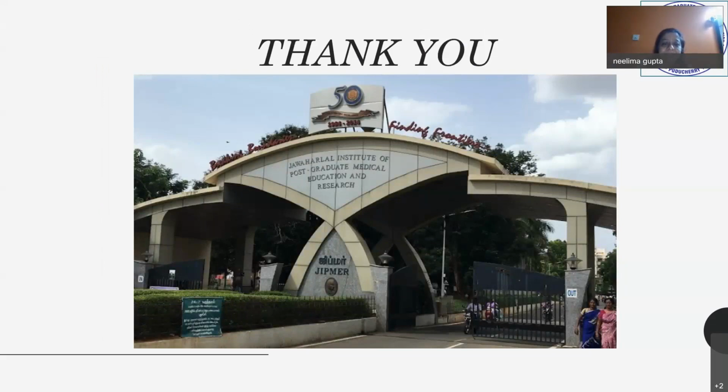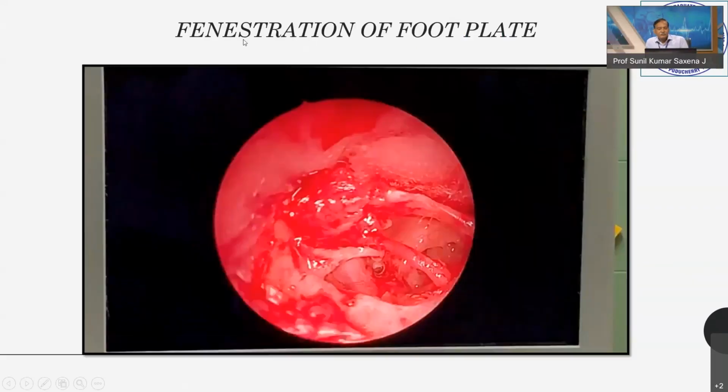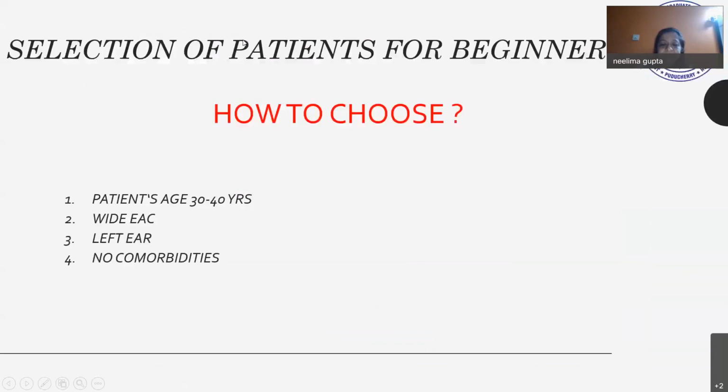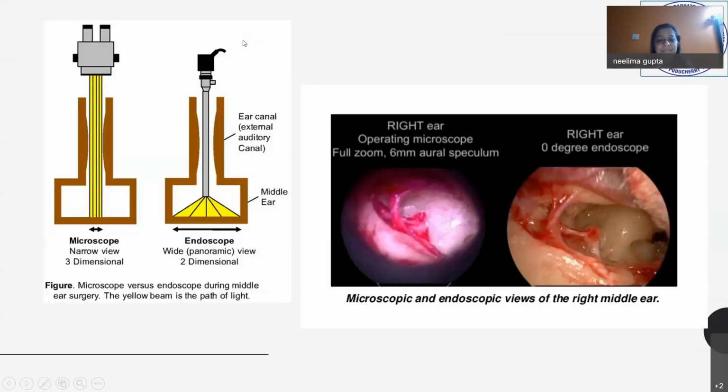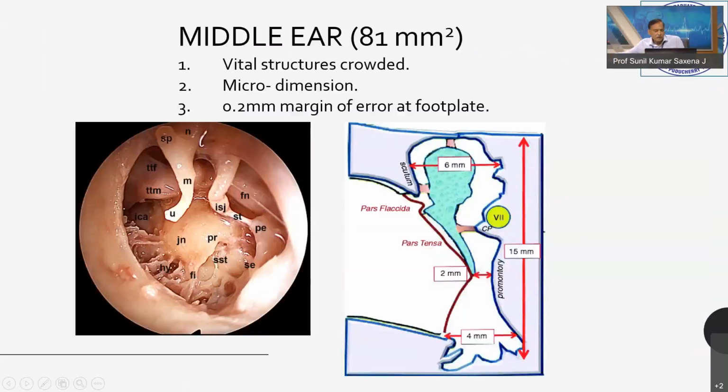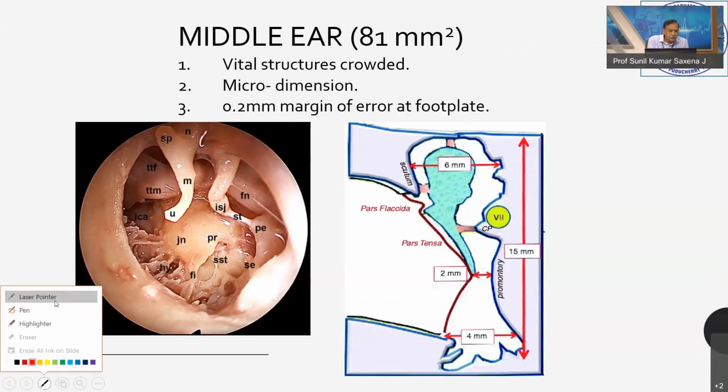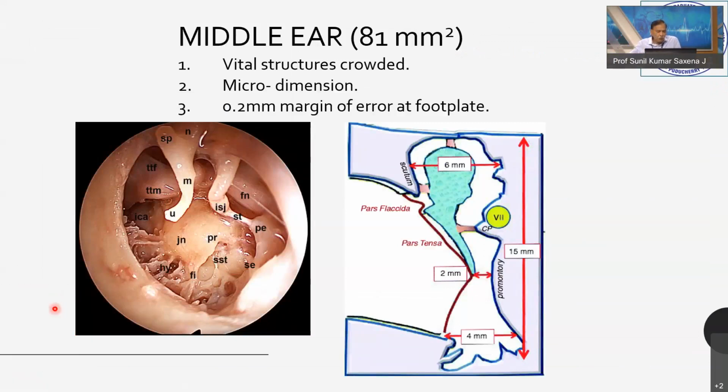Okay, just go to the middle ear anatomy. We have one diagram. I'll show you here. Fustis is the bony pointer which goes in the round window and points towards the round window membrane.